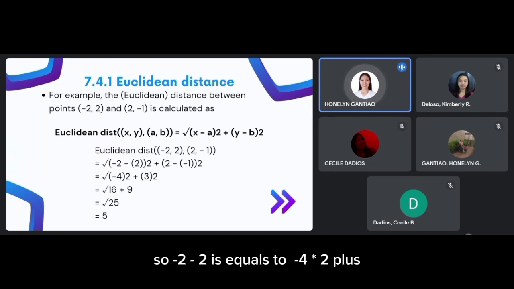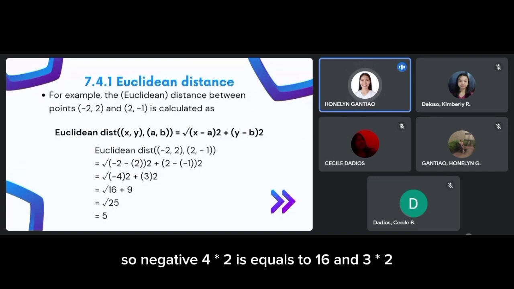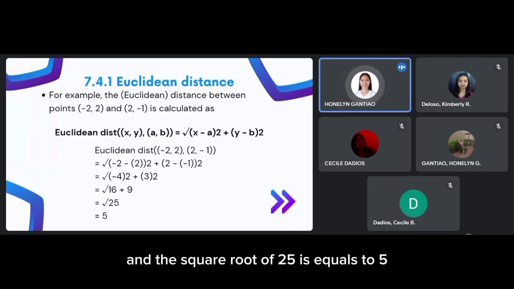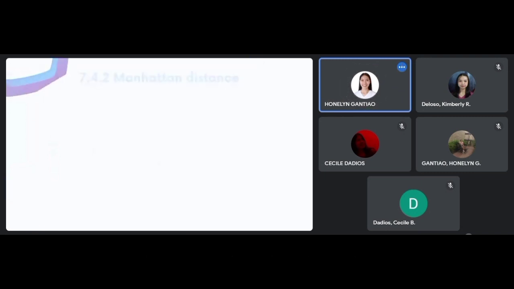So -2 minus 2 is -4, squared, plus 2 minus -1 is 3, squared. Negative 4 squared is 16 and 3 squared is 9. So we have the square root of 25, and the square root of 25 is 5. So our Euclidean distance is 5.